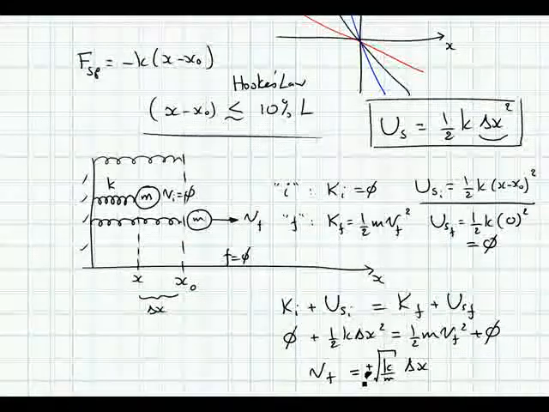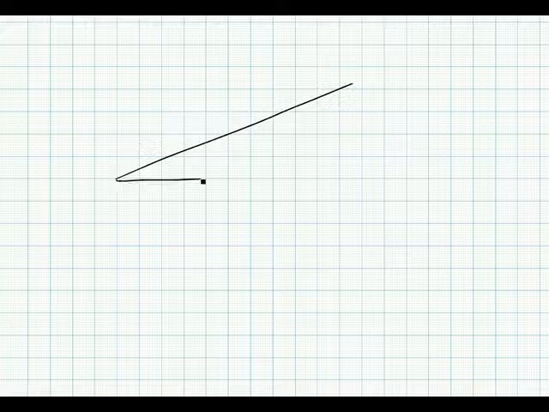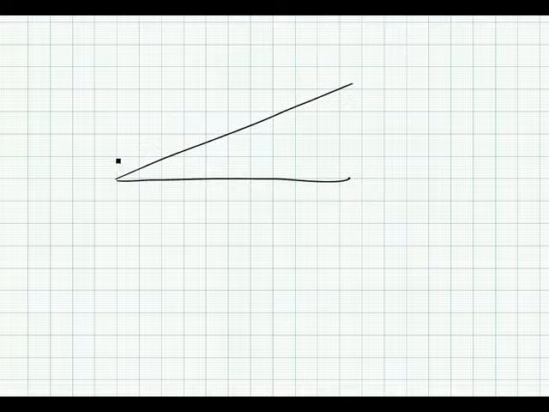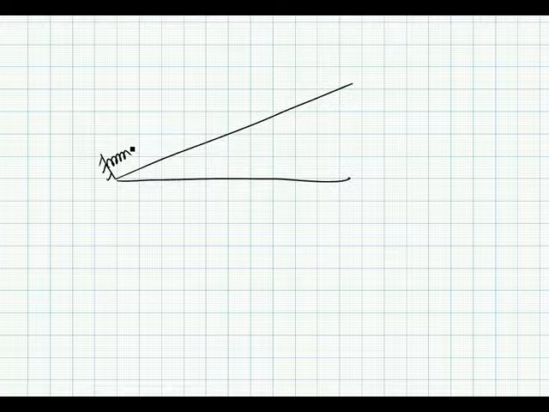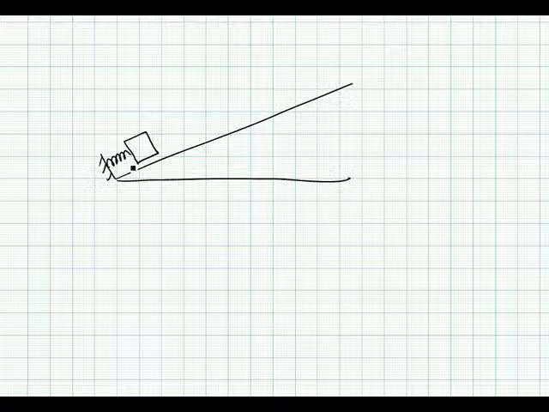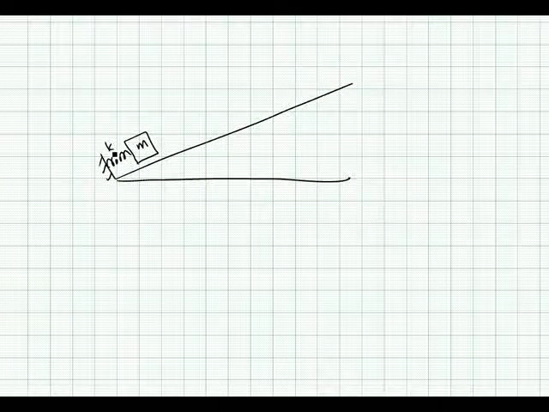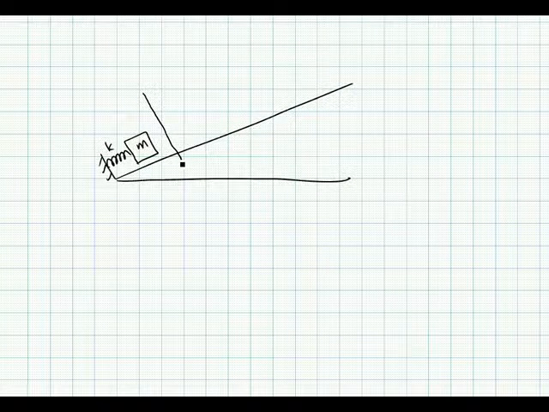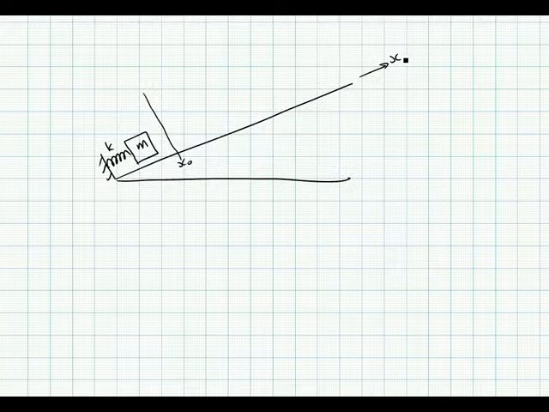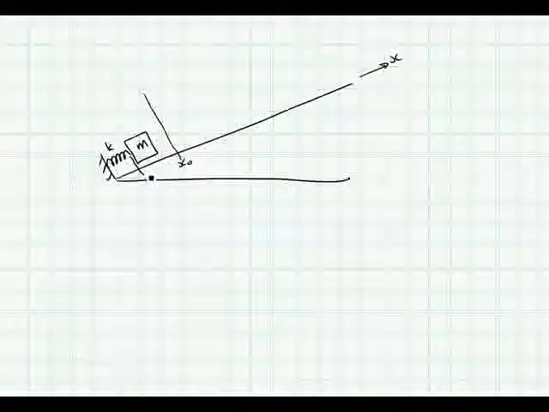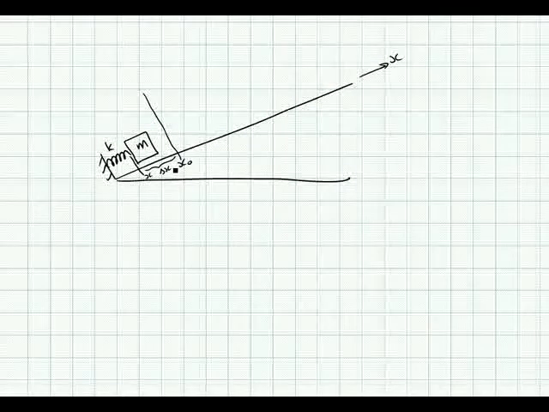Consider the case of an object which is pressed right up against the spring on a slope. So the object has mass m, the spring has a spring constant k. Let's say this is our x naught, so that's my x direction, and this gives the amount of compression, delta x.